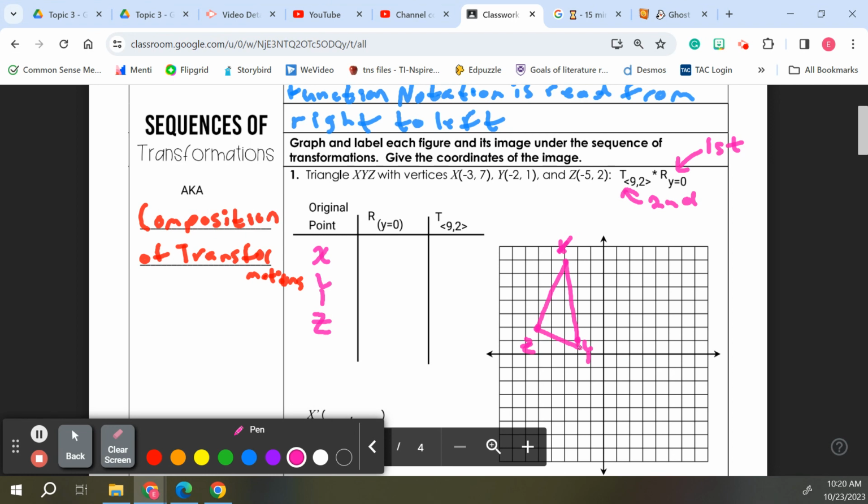We gotta know this for Thursday, so I'm not gonna intervene. You guys gotta know. What is it, x-axis or y-axis? It's x-axis. So that means the rule should be (x, -y).